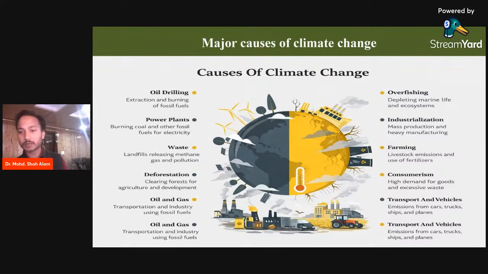And next is farming. Agriculture is second in producing the highest amount of methane in the world. After industrialization, livestock emission and use of fertilizer also pollute the groundwater supply or the freshwater supply around the world. Next is deforestation, clearing forest for agriculture and development.